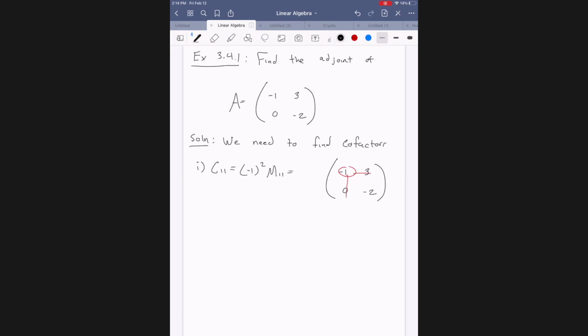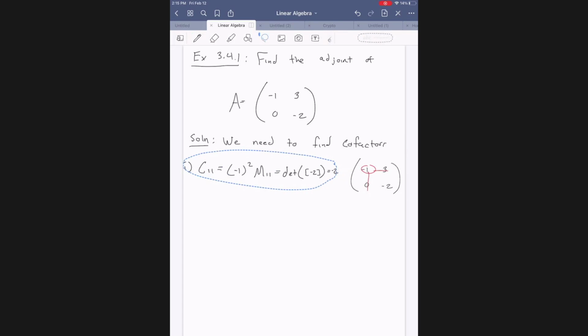So M11 is the determinant of [-2], which is -2. Now, this doesn't mean absolute value. This is more like the determinant of the matrix, so I think it's better if I use this notation: the determinant of the matrix [-2], which is -2.